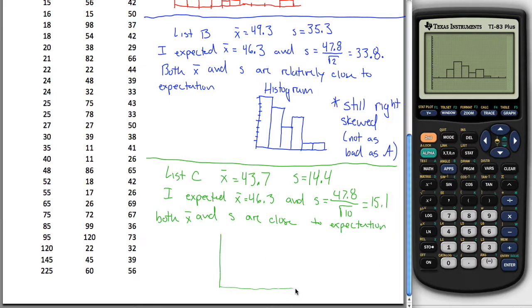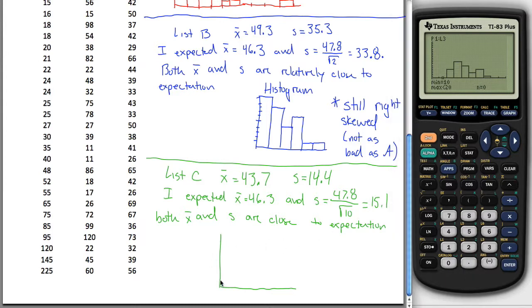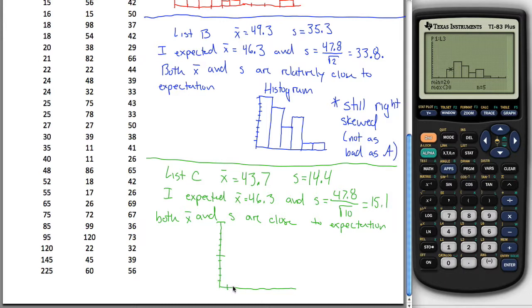So here's my histogram. I can trace them. It looks like I have 9 in that bin, which is the most. So my first bin, from 0 to 10, I had nobody. From 10 to 20, I had nobody. But from 20 to 30, I had 5 people.